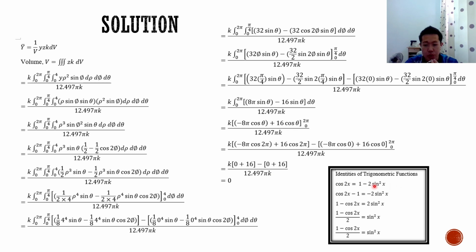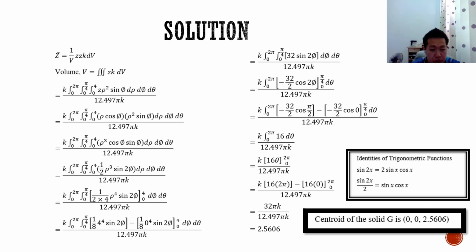So we are going to use identities of trigonometric functions to change it. After changing it, we integrate as usual. For the moment of volume y, at the end we get 0, which is the same as the moment of volume x.